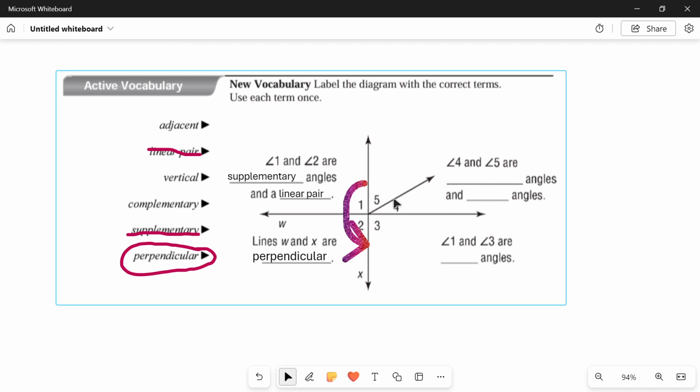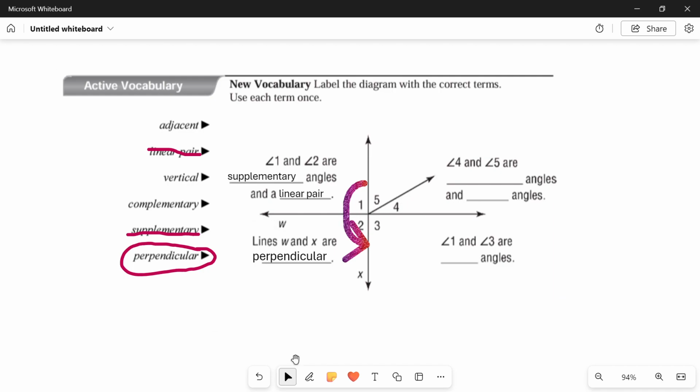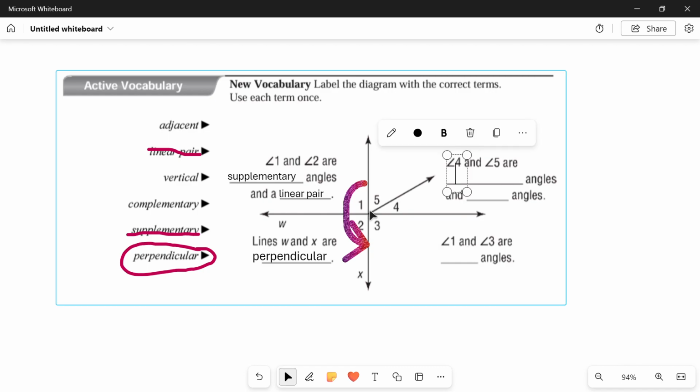So now we have to figure out angles 4 and 5, angles 1 and 3. Okay. So angles 4 and 5, let's say, they are next to each other, and they have a shared vertex. That means that they have a common vertex, a common point, and then they have rays that come off of that point.